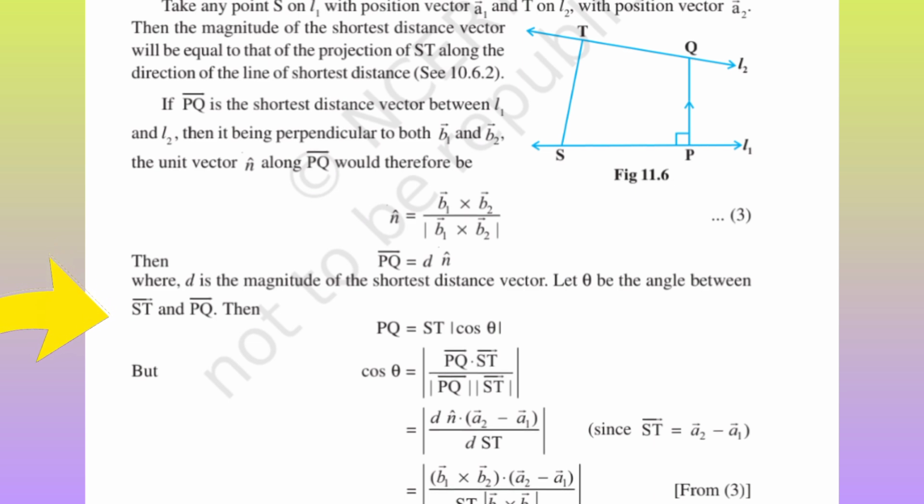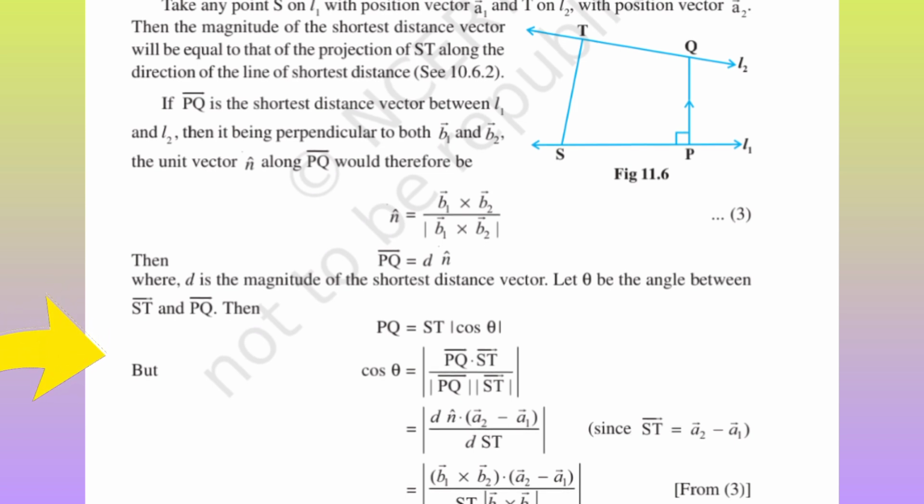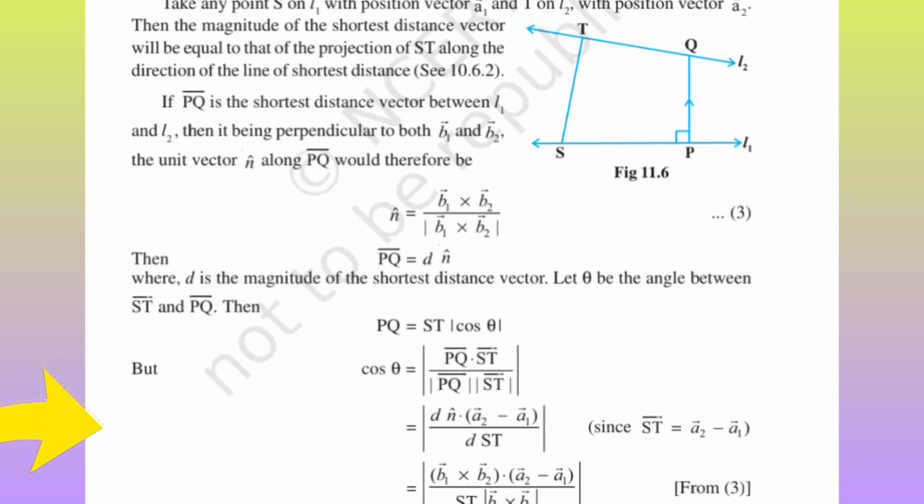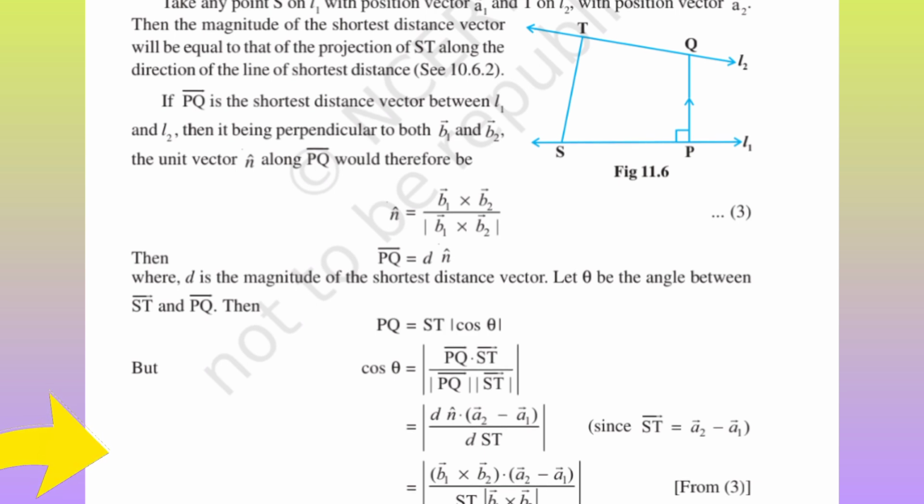Then PQ is equal to modulus ST cos theta, but cos theta is equal to the modulus of PQ dot ST vector divided by modulus of PQ vector into ST vector, equal to the modulus of d n cap dot (a2 minus a1) by d, since ST is equal to a2 minus a1.